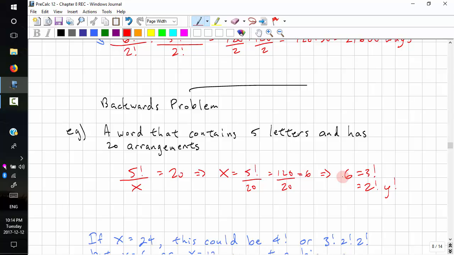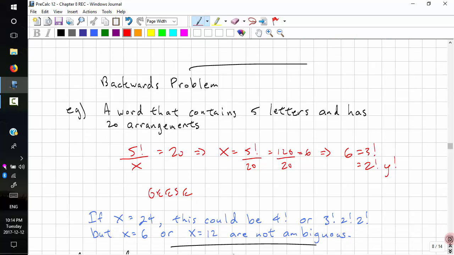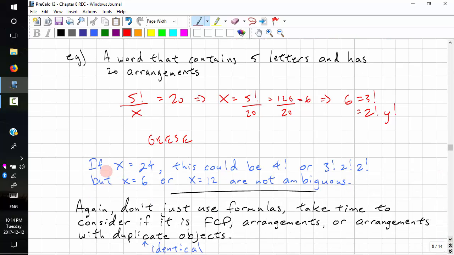So we need a word that contains 5 letters with 3 repeats. And looking at my farm, geese comes to mind. Now, if we have x equals 24, this could be 4 factorial because 4 factorial is 24. But 24 is also 3 factorial times 2 factorial times 2 factorial because this is 6 times 2 times 2.